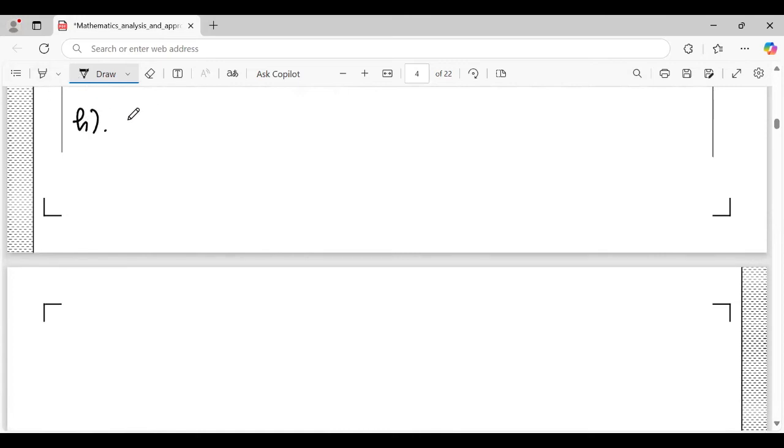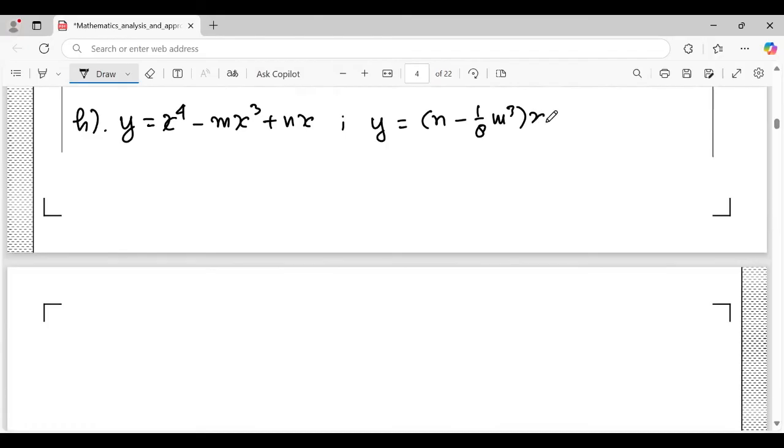There are two functions: y equals x power 4 minus mx cubed plus nx. And the second is the straight line y equals n minus 1 over 8 m cubed times x, or we can expand it as nx minus 1 over 8 m cubed x.